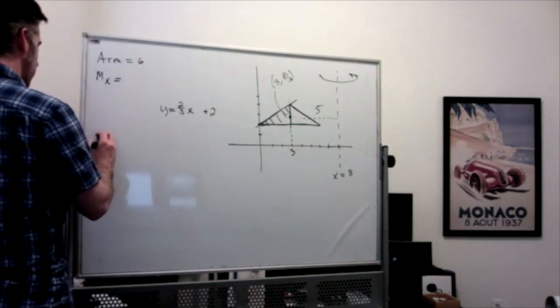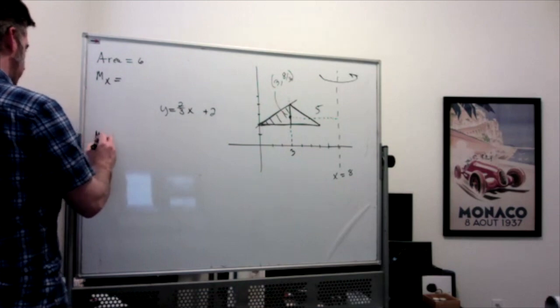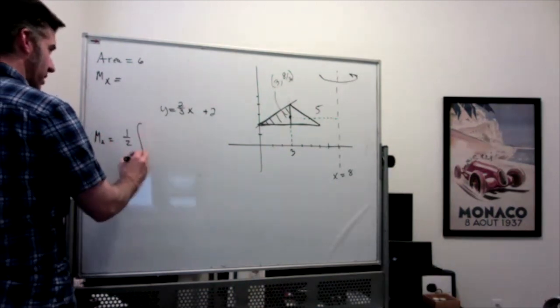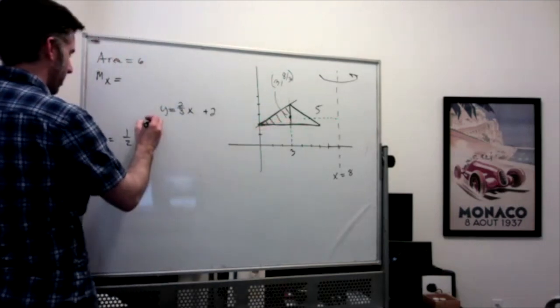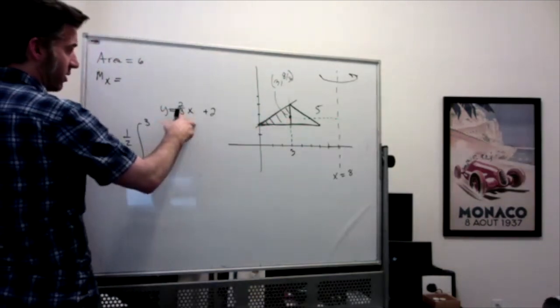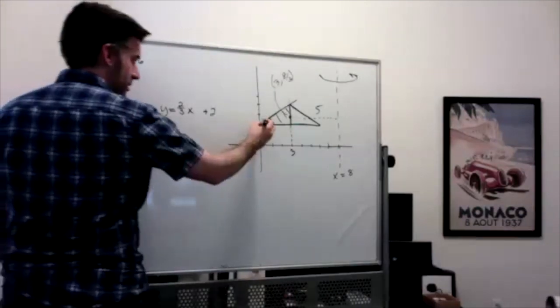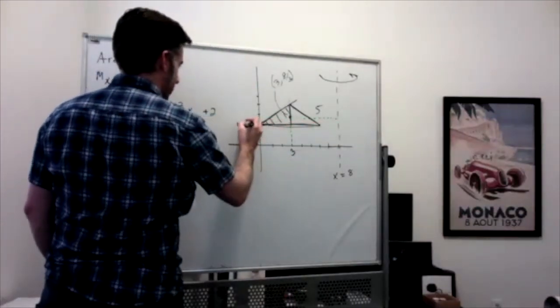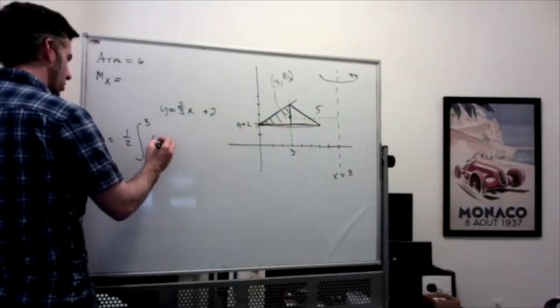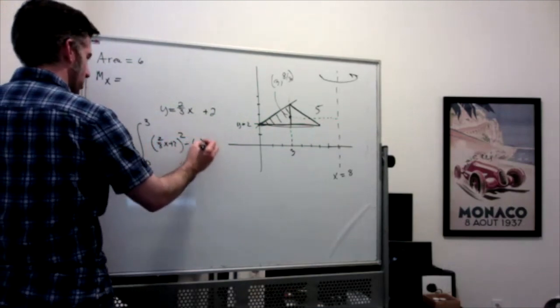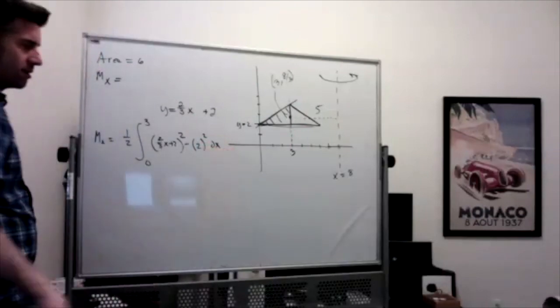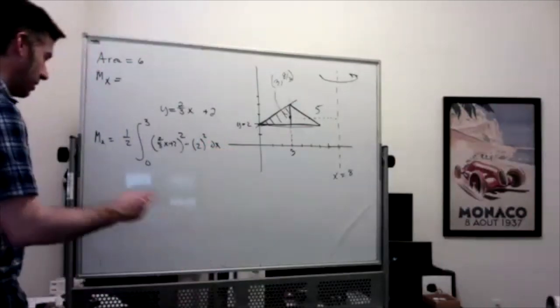So the moment around the x-axis is 1/2 the integral from 0 to 3 of this function squared minus the bottom function, which is y equals 2, squared. So it'd be (2/3 x plus 2) squared minus 2 squared dx. Not the funnest thing ever, but it's fine.